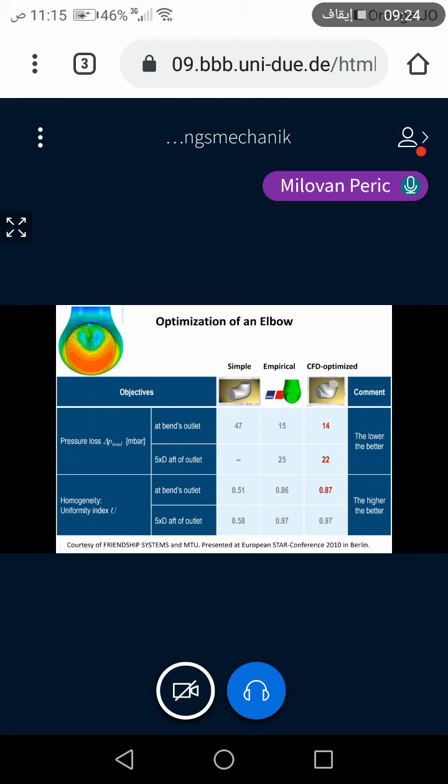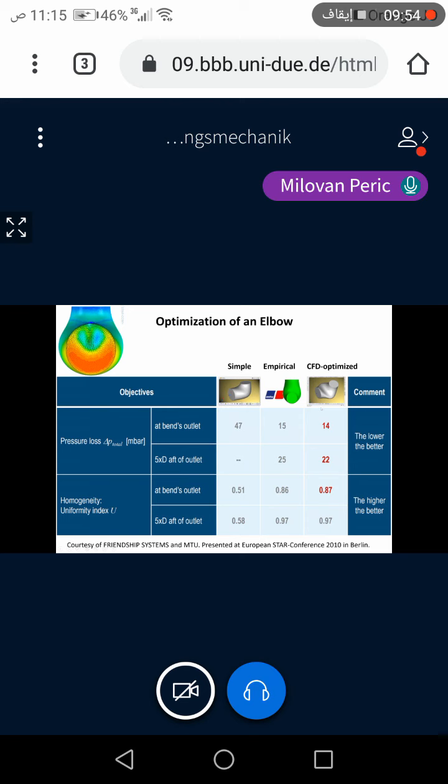So it would be like mean radius of curvature of the flow direction, and then you can specify that you have an elliptical cross-section, and then you specify for the two dimensions of the ellipse what is the allowed range. So you define geometry with a few parameters, and then the optimization software varies these parameters and looks for the optimum.